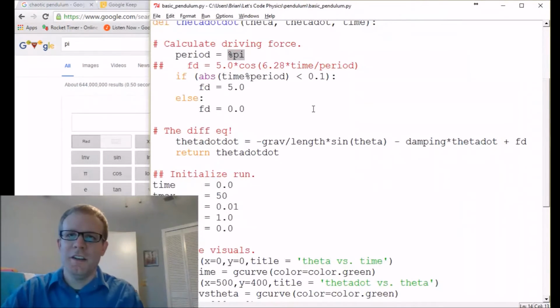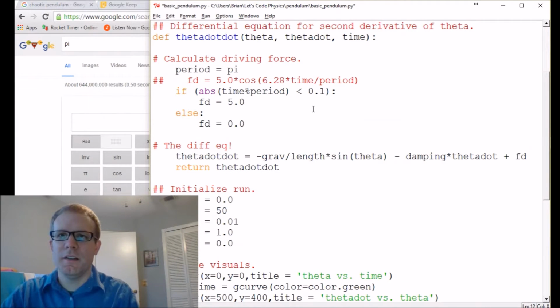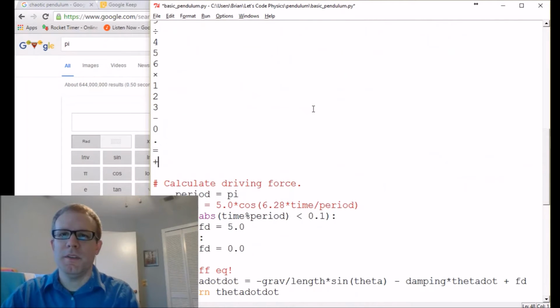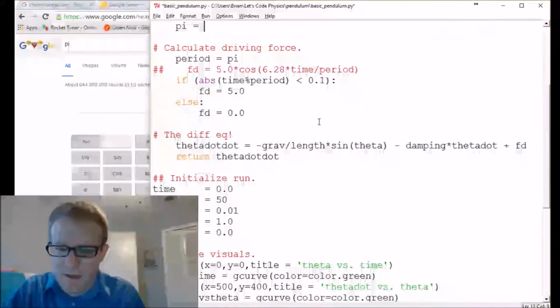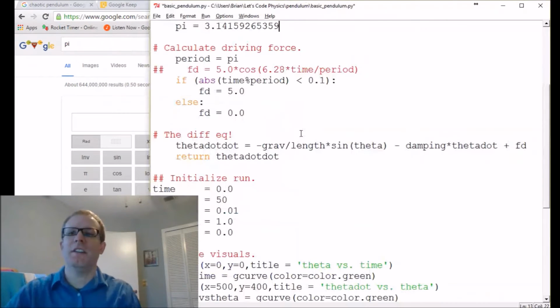There we go. Actually, let's call it pi. Let's go ahead and define pi up here. Pi equals. No, that is not what I wanted. That's a bit bizarre. All right, we'll leave off the 9 there. Paste. There we go. I think I was accidentally copying some of the calculator there.